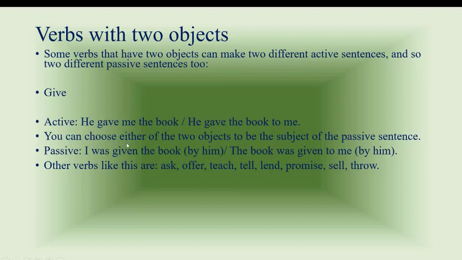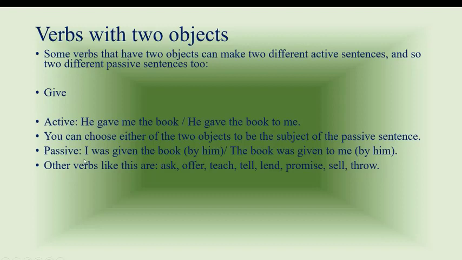So you can choose either of the two objects to be the subject of the passive sentence. As it was said earlier, this is not the real subject, but it is put in place of the subject. So which is more important, which is more essential to focus upon, is put in place of the subject.